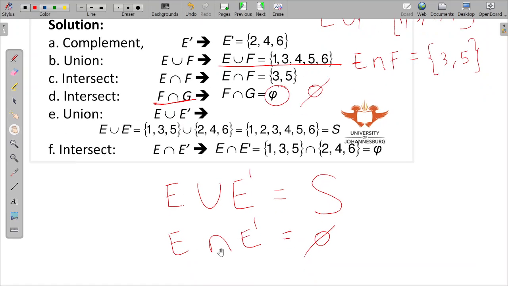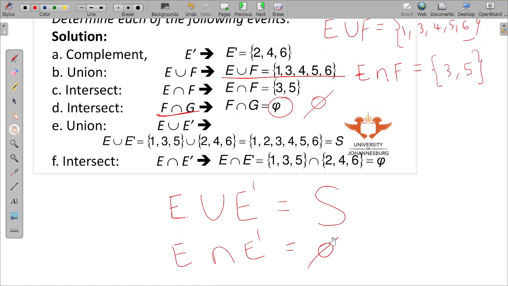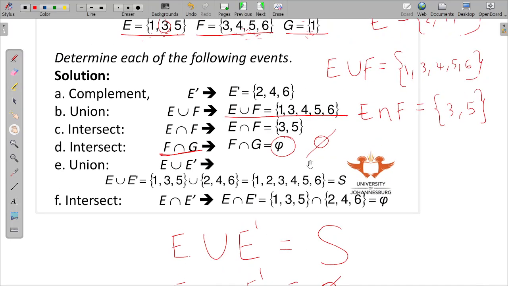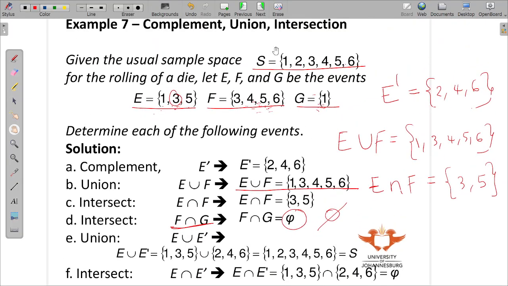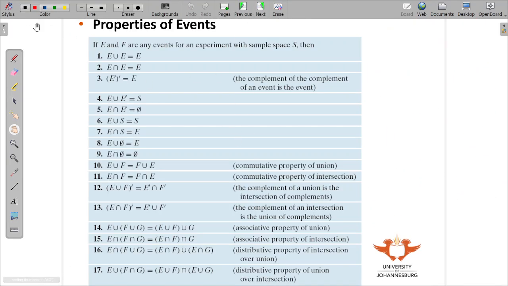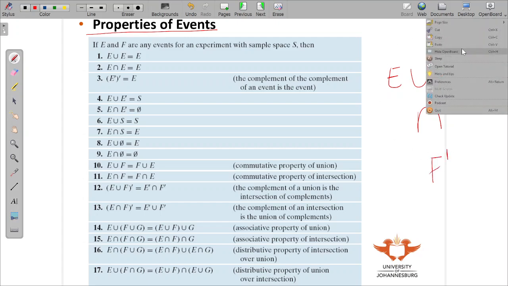But E union E complement will give us the sample space itself. You can go through these properties of events, which tell us a lot of other properties that we have for an event E and an event F, concerning intersection, union, or complement. Please ensure that you go through that. Please make sure you understand.